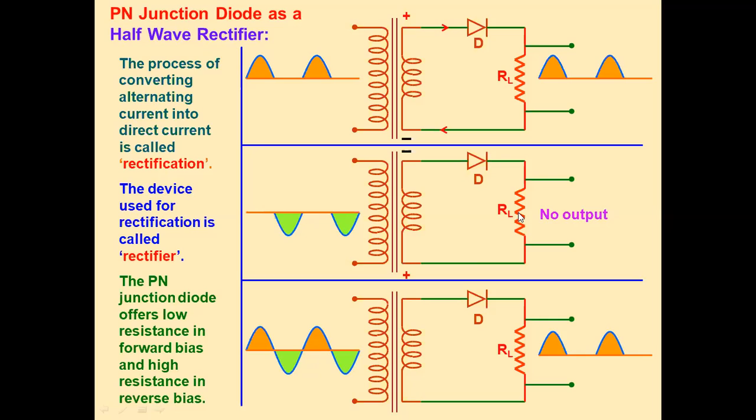Current does not go through the circuit and output voltage is equal to 0. So for the full sine wave, with positive and negative half cycle, we get the output only for the positive half cycle. This type of rectifier is known as half wave rectifier.